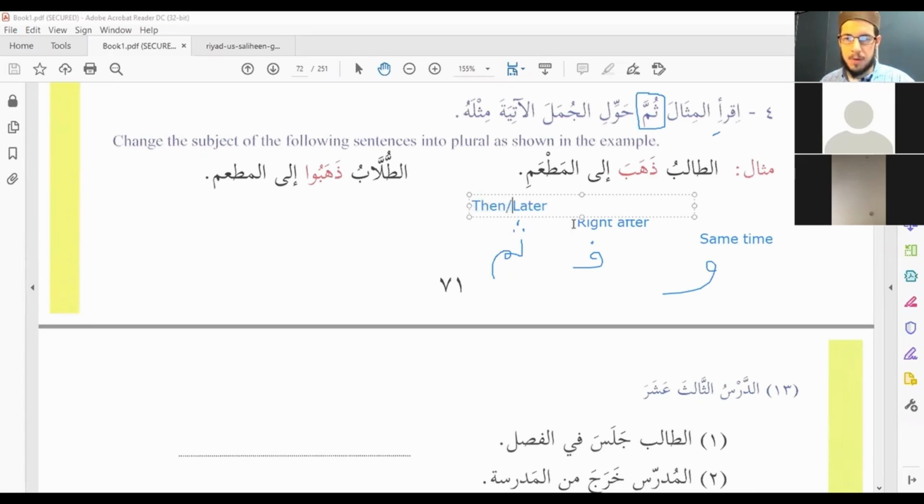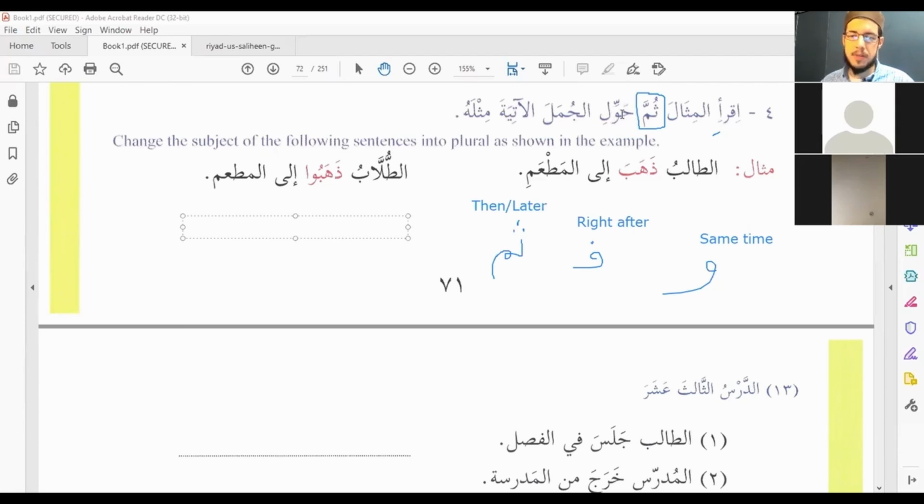Both fa and thumma communicate the idea of then. However, there's a difference, because fa indicates immediately after, and thumma indicates later. This is all over the Quran. You have probably noticed thumma. Okay, so that's just a brief aside.